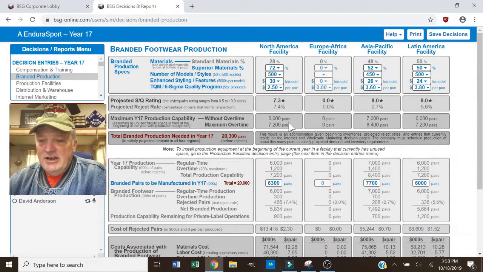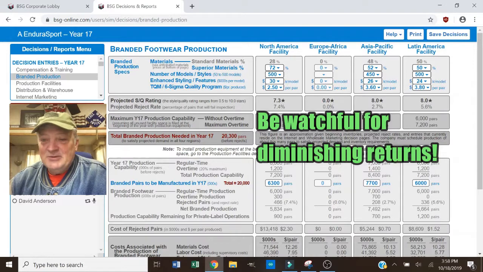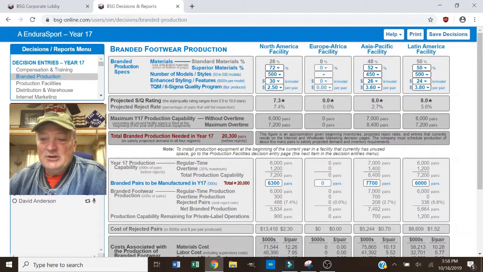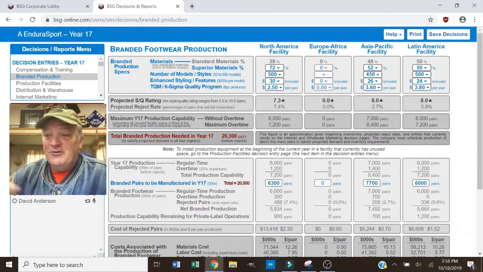If I look down here to the projected reject rate, 7.4%, 2.7. Now I do have that one option in Asia Pacific. 5.6%. The more that you put into total quality management, the lower that rejection rate is going to be, and the cost of production will also decrease.